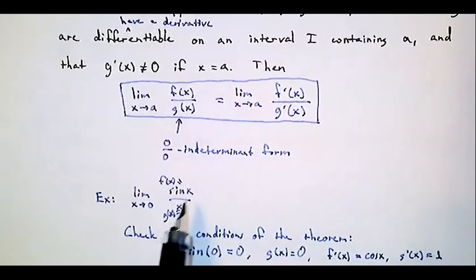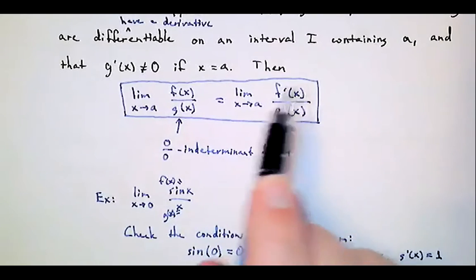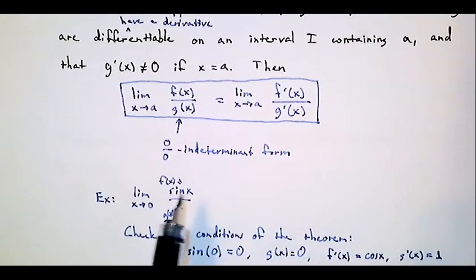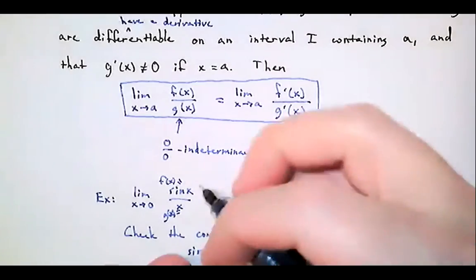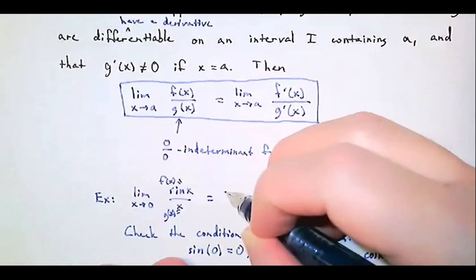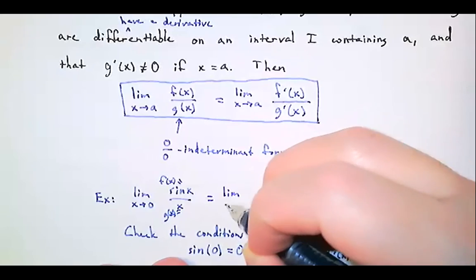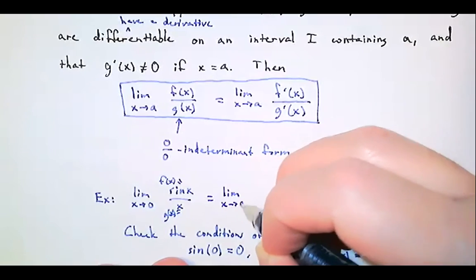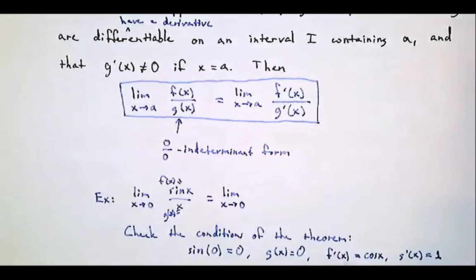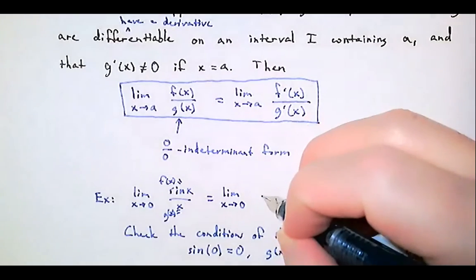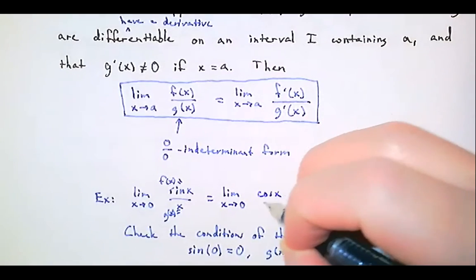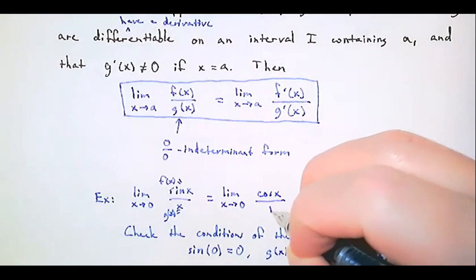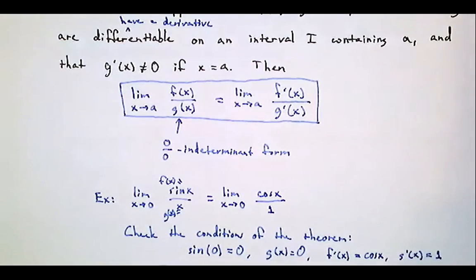So in order to do this indeterminate limit, what I can do is replace both of these functions with their derivatives. I already wrote down the derivatives here. We get a cosine x and then a 1 from f prime and g prime.